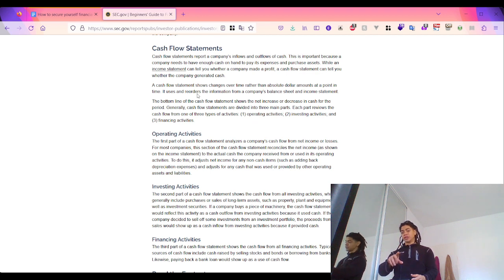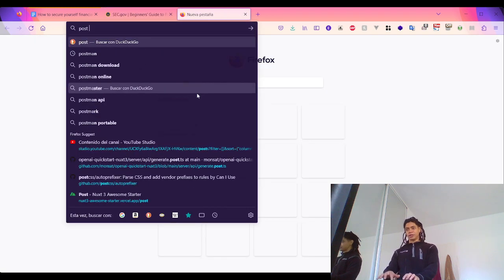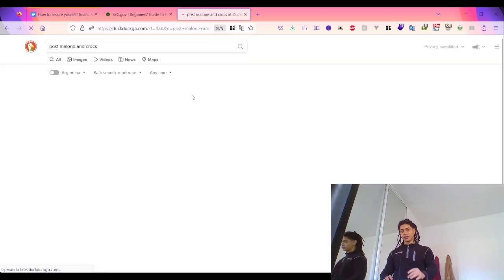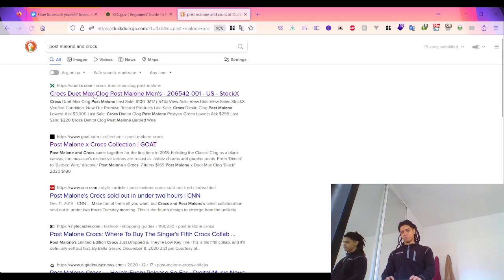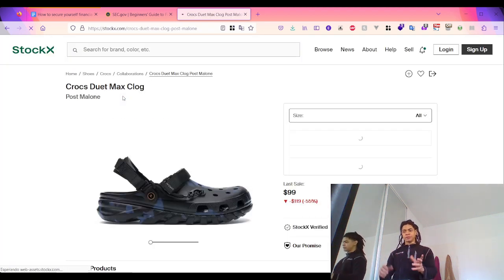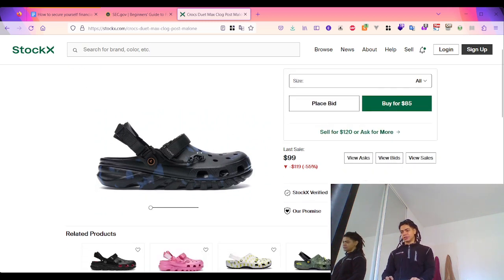Post Malone and Crocs do that. This is very, very interesting. Post Malone and Crocs do a joint venture. And this is just a partnership between two or more companies to undertake specific business activities.